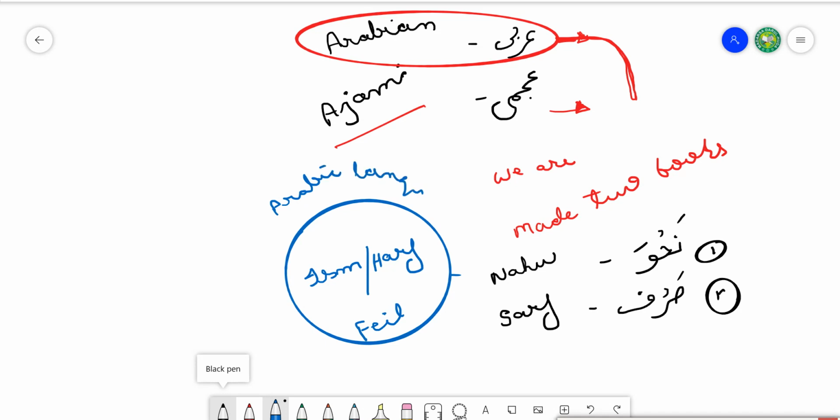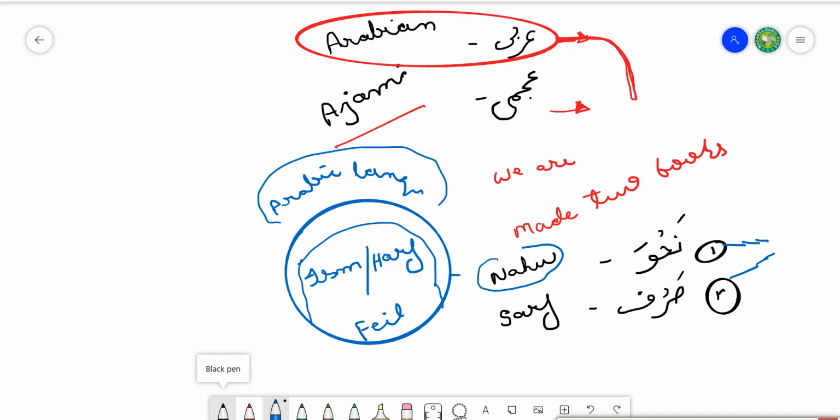So if we understand the Nahu and Sarf deeply and carefully, we will be able to understand ism, fail and harf. And if we are able to understand ism, fail and harf easily, then the whole Arabic language will become easy for us. So from now, first we will be learning the Nahu, and after completing the Nahu, we will jump to the Sarf. So let's start today's lecture with Nahu.